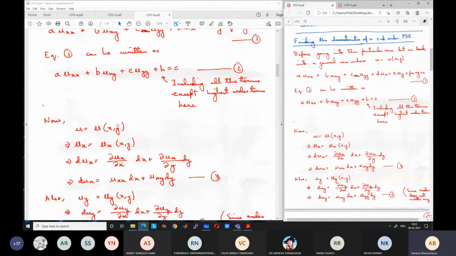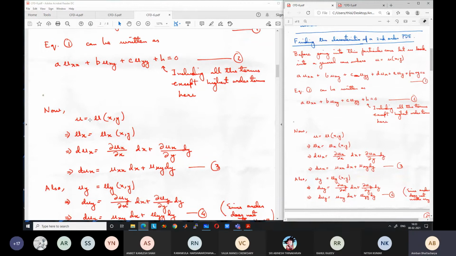So now u is a function of x and y. The first derivative u_x is itself a function of x and y. So d(u_x) can be written as ∂u_x/∂x dx + ∂u_x/∂y dy, just the normal definition of the derivative.